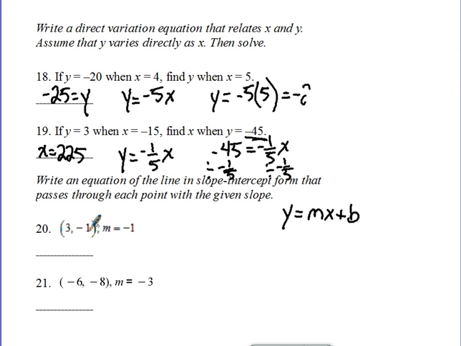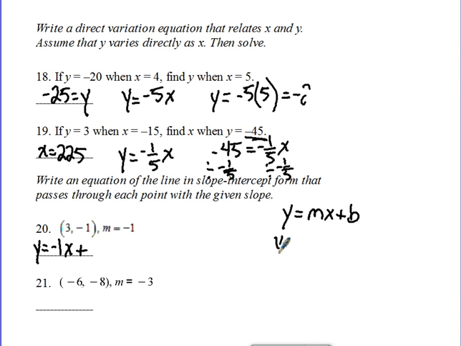So there were a couple of different ways to solve this one. We know that our slope is negative 1, so it's going to be y equals negative 1x plus, and then there's some number that has to go here where b is. So let's find that number. There's a couple of ways we can do it.